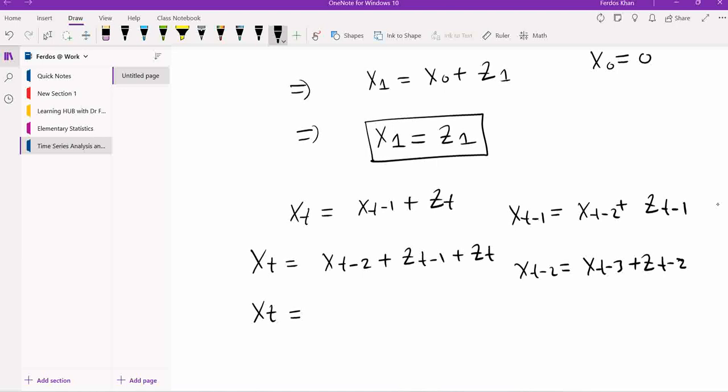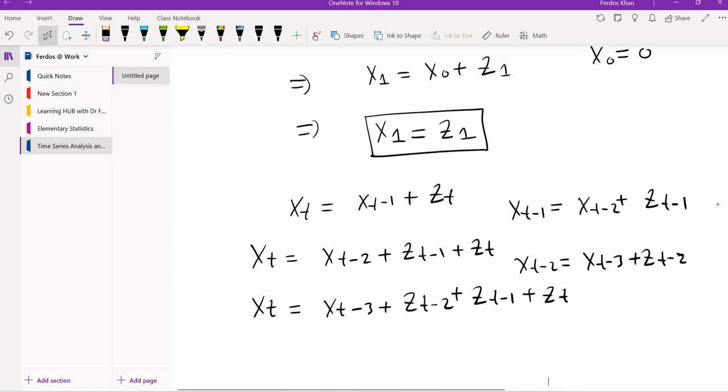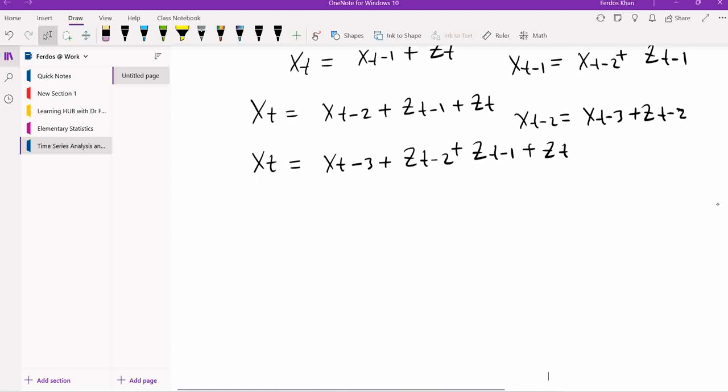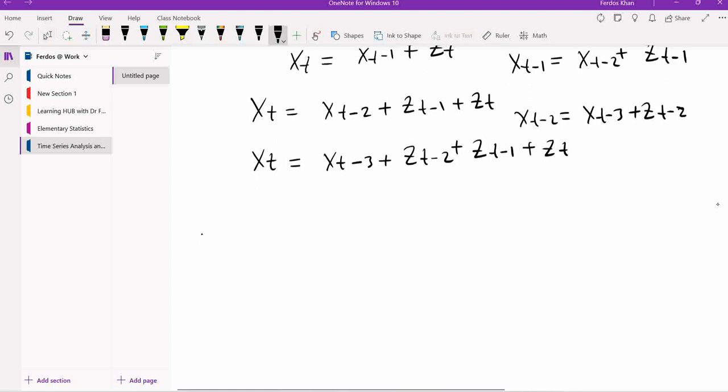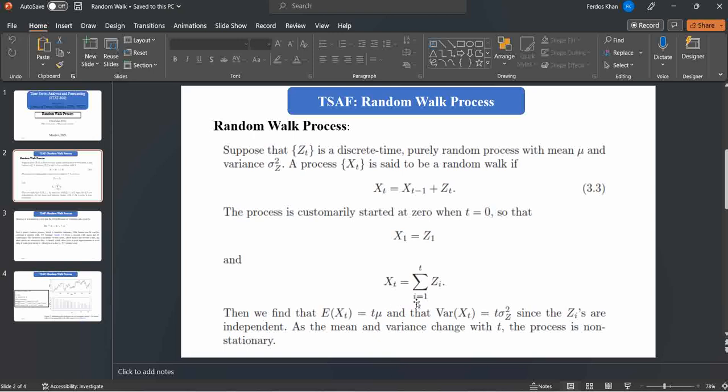This will be equal to Xt minus 3 plus Zt minus 2 plus Zt minus 1 plus Zt, and so on. You can put now the value of Xt minus 3 and so on. So at the end you will get the sum from i equals 1 to t.